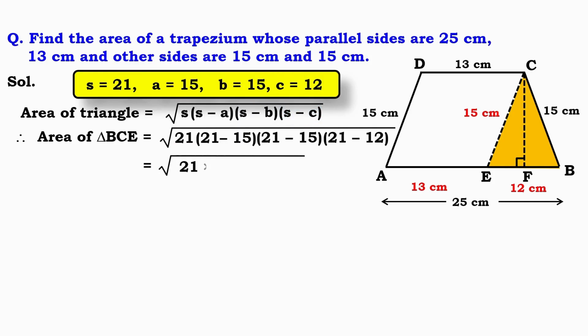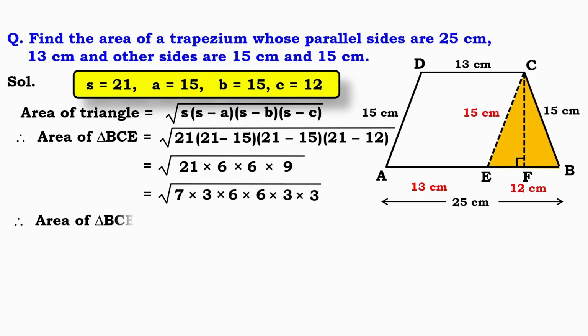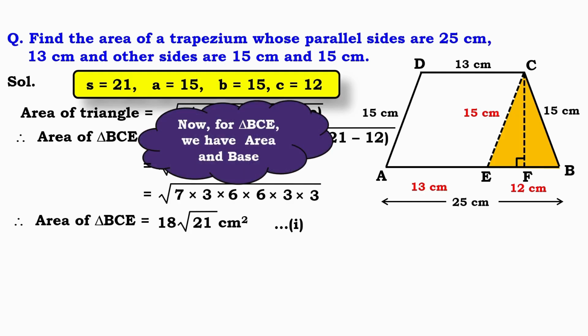Now 21 into 6 into 6 into 9. Now 21 means 7 into 3. 6 and 6, then 9 means 3 into 3. So the area of triangle BCE will be, now 6 is a pair, so it will come out, and 3 is also a pair, so it will come out. So 6 into 3 is 18, square root of 21 centimeter square. So that is what we got. We can name it as equation 1.